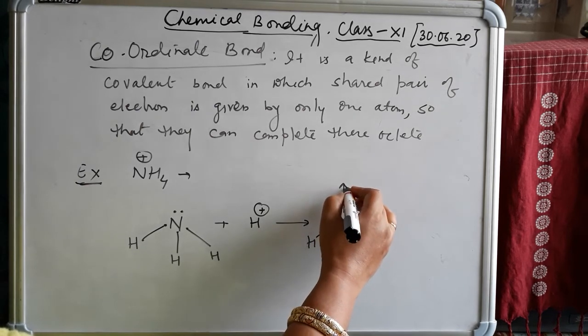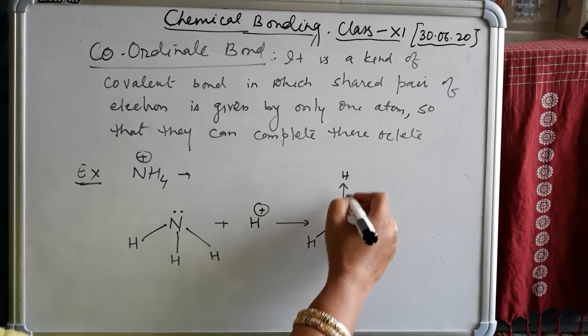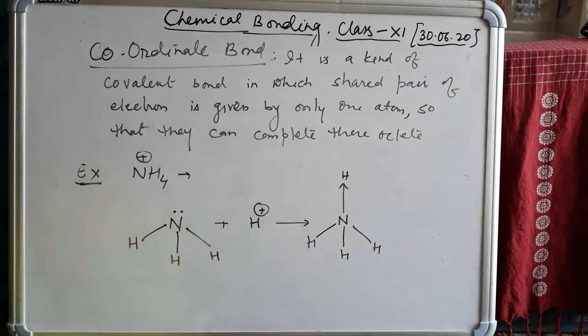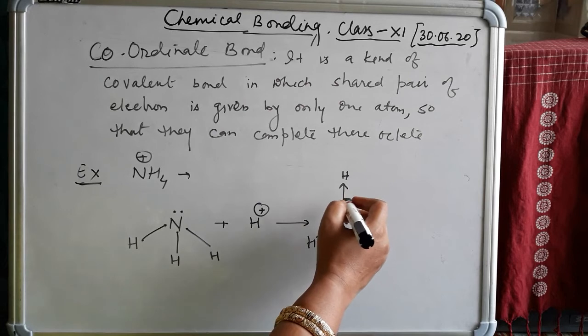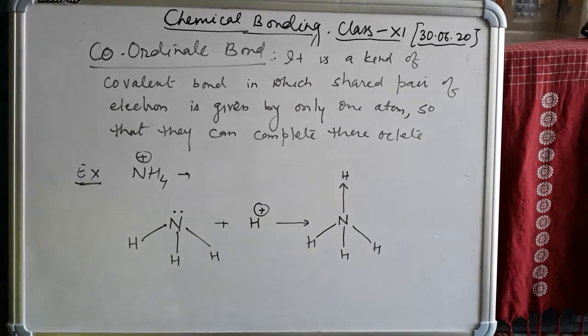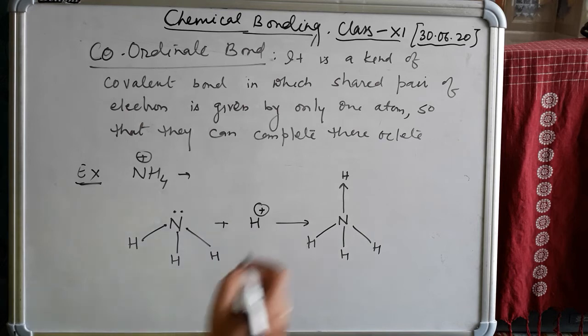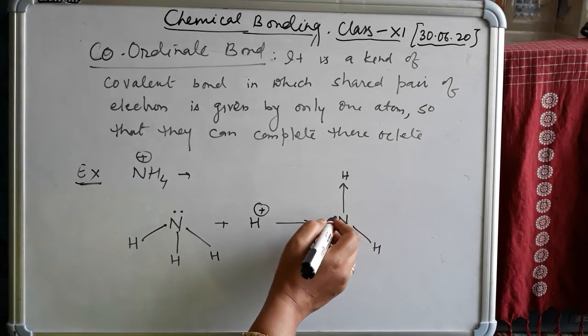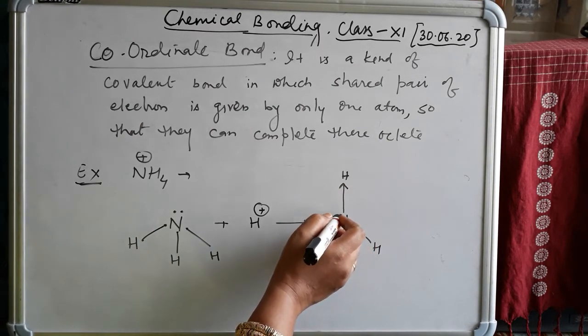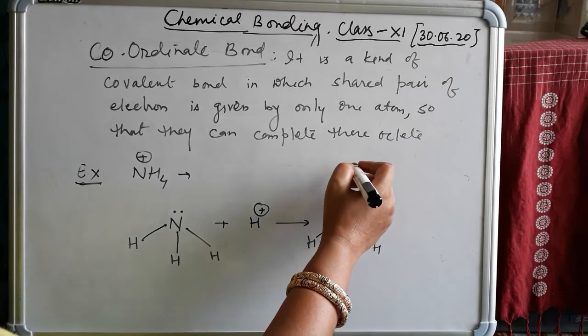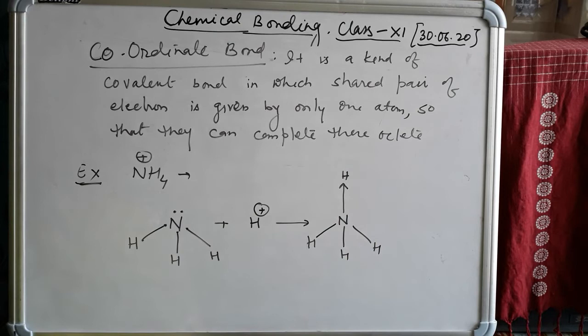We show an arrow-like bond to clarify that this bond is coordinate in nature. So this is the donor atom. Those species which donate the electron are called the donor, and those which accept the electron are called the acceptor.